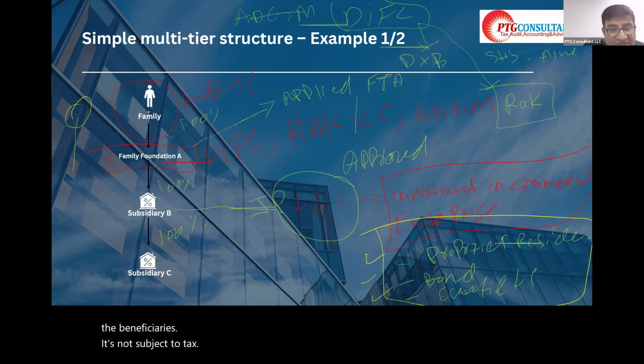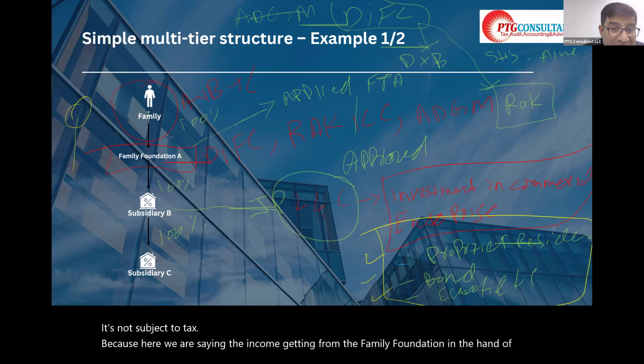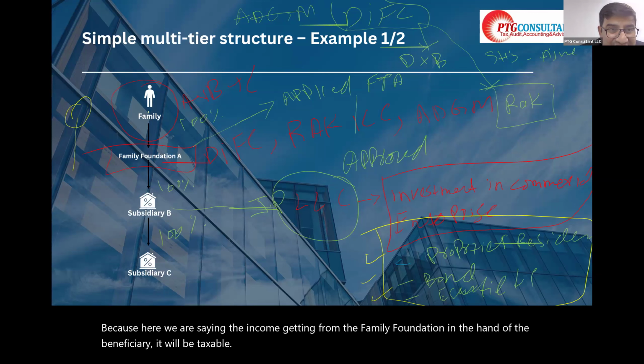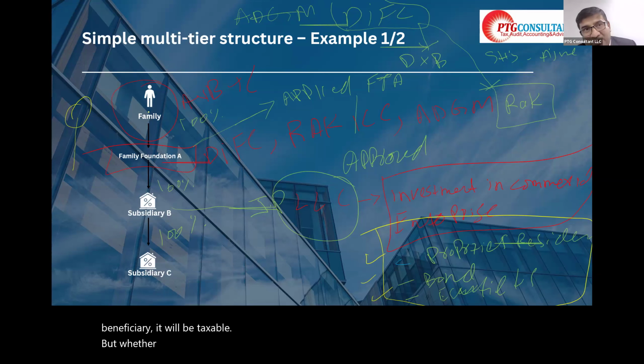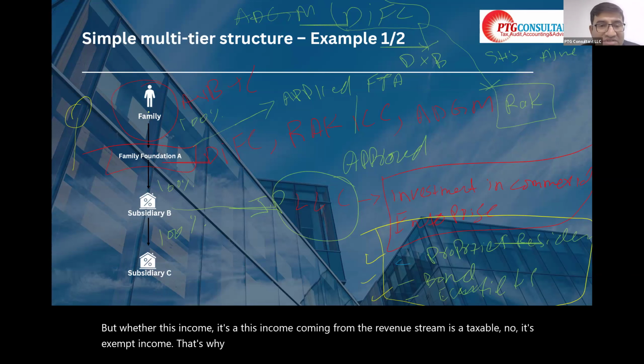Here we are saying the income received from the family foundation in the hands of the beneficiary will be taxable. But is this income coming from the revenue stream taxable? No, it's exempt income. That's why the whole family foundation mechanism works.